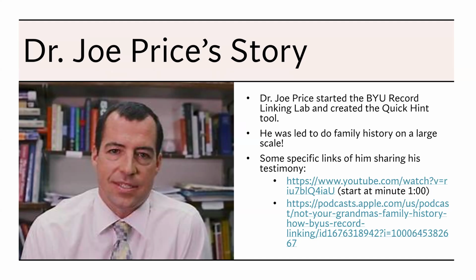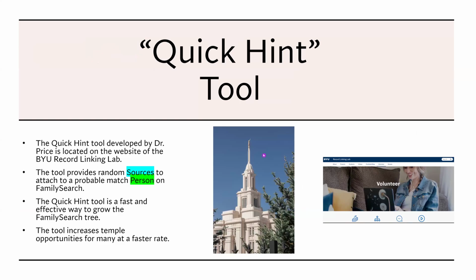During that class, he could see how the FamilySearch program could be expedited and more people could be added quicker. Anyway, he started all of this. If you'd like to hear his story, it's fascinating. But it really inspired me to understand that there are people being inspired to help things go faster and faster and faster.